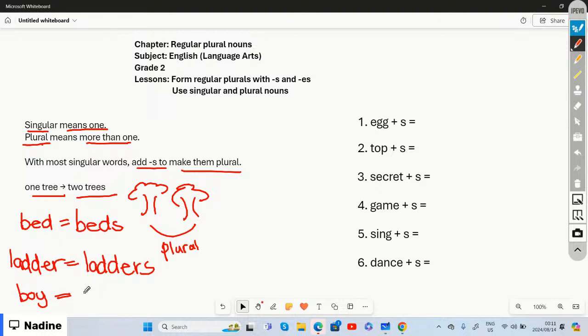One boy, but seven in line. What do we call them, or how do we write them?